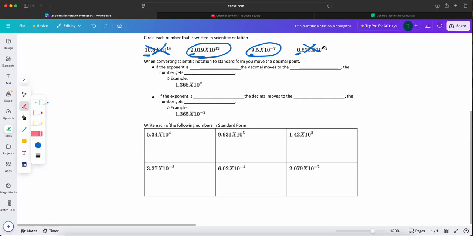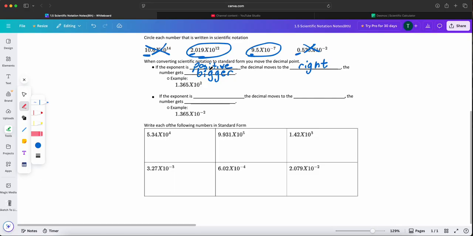So here it says if the exponent is positive, we will move the decimal to the right, and the number is going to be getting bigger. Okay, we'll be getting a big number.